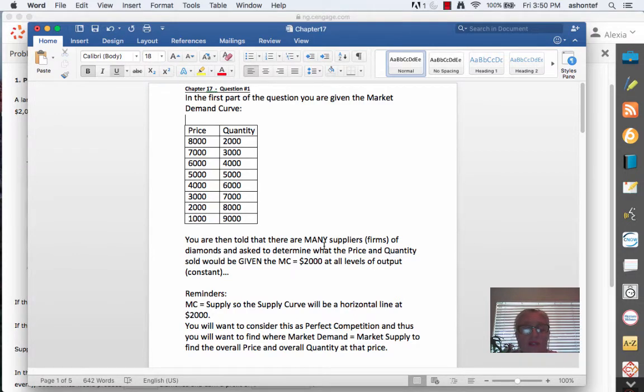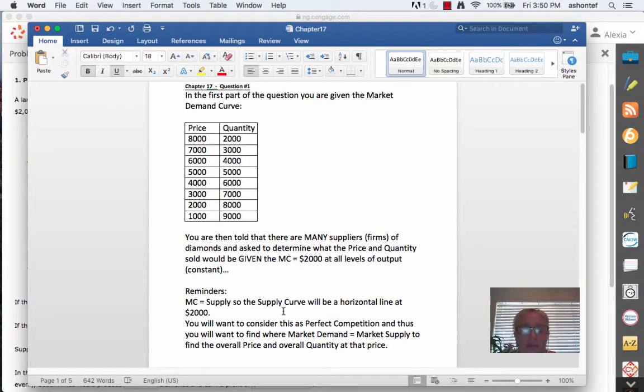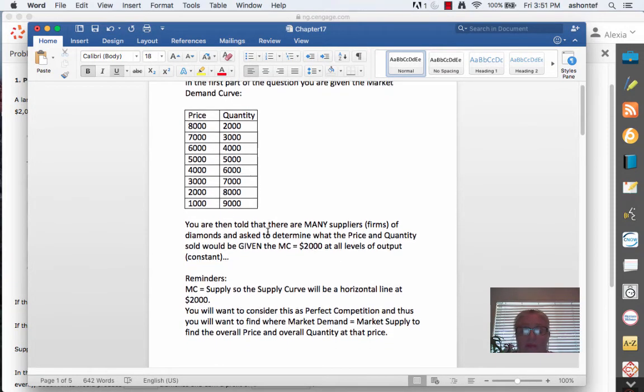So in essence, you're going to assume that the supply curve, which is the marginal cost curve, is a straight horizontal line. You're going to find the place where your marginal revenue is equal to your marginal cost at a level of $2,000. Here's your demand curve right here, and I think you should be able to find where that would be.